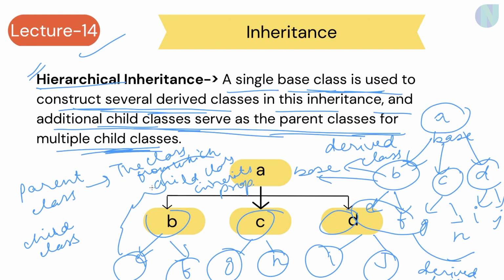So a parent class is a class from which a child class inherits its property. And what is a child class? The class that inherits characteristics of another class is called a child class.